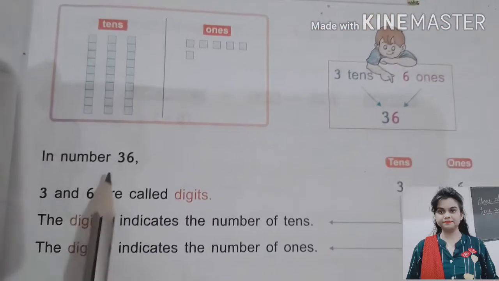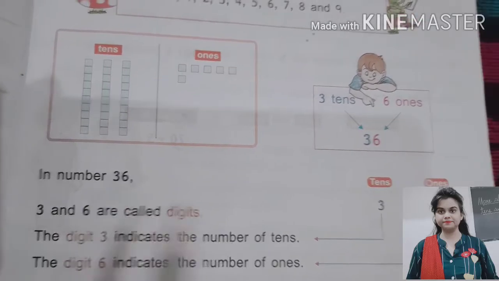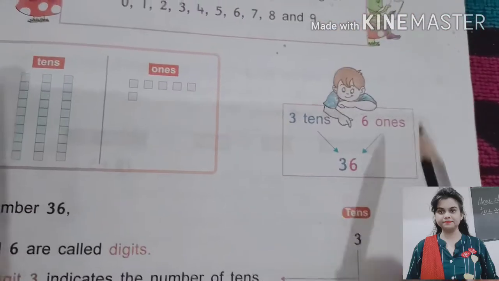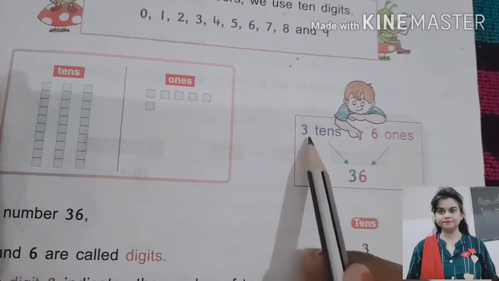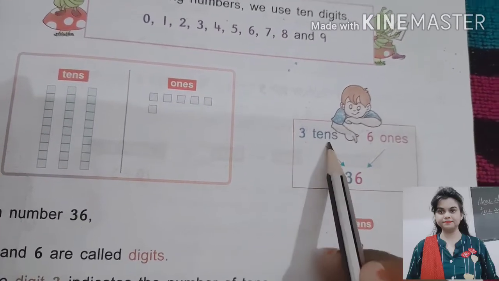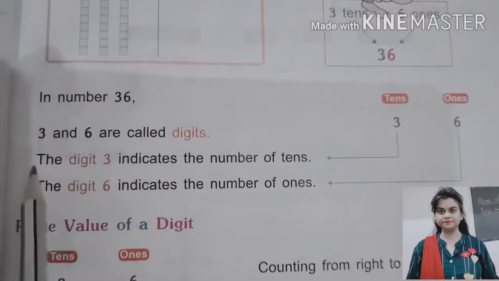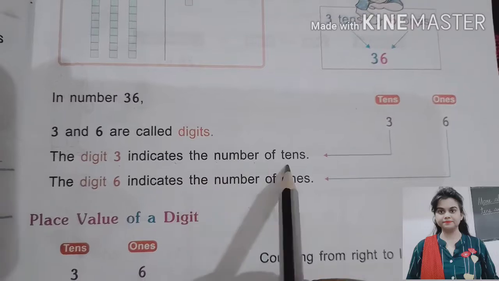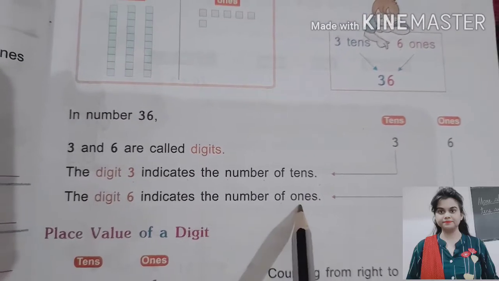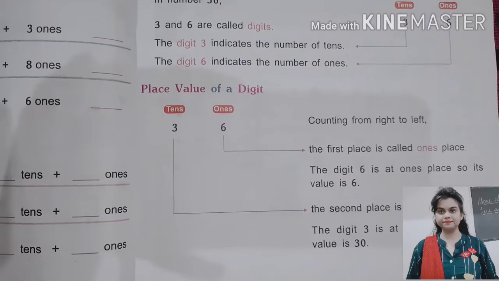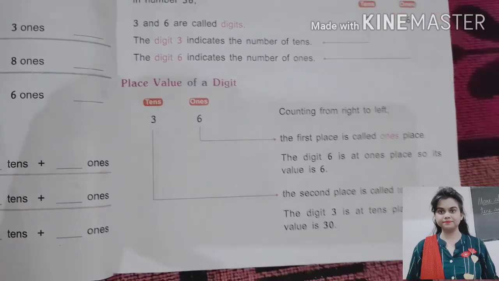For example, number 36. Here in number 36, the 6 is in ones place and the digit 3 is in tens place. The digit 3 indicates the number of tens and the digit 6 indicates the number of ones. Now let's see the place value of a digit.